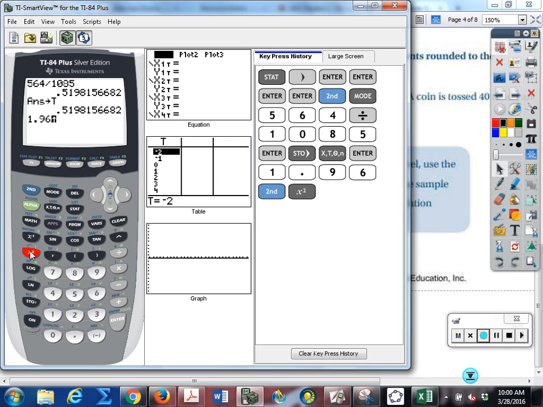Then it's going to be super easy to put in p-hat times 1 minus p-hat over n. And since I stored it, it will be really easy to put in. If not, it's a nightmare with all the parentheses. And the number of numbers was 1085.